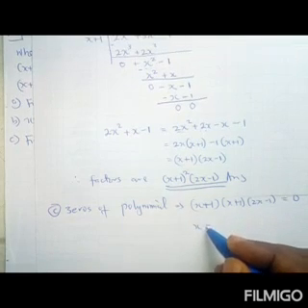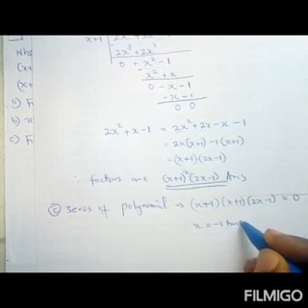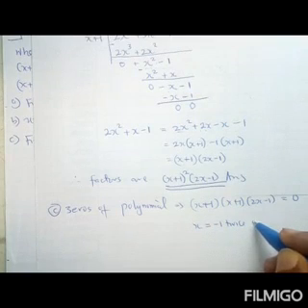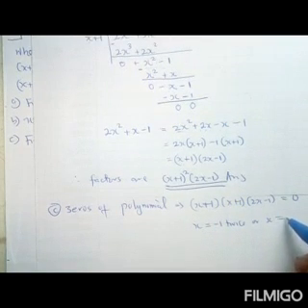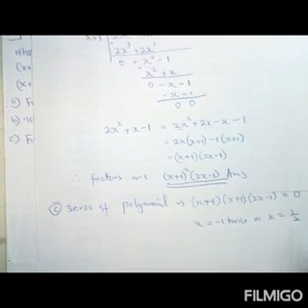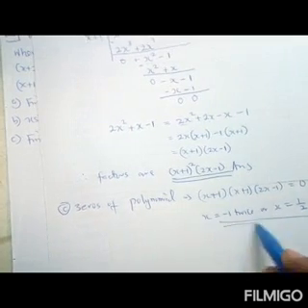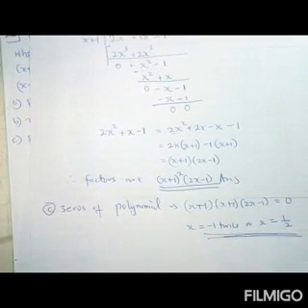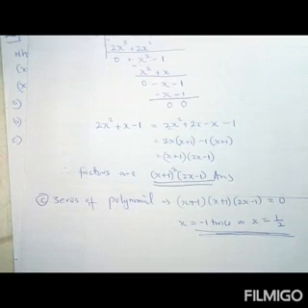So x is equal to minus 1 twice, or x is equal to 1 over 2. So these are the zeros of polynomial. That is finding the values of x.